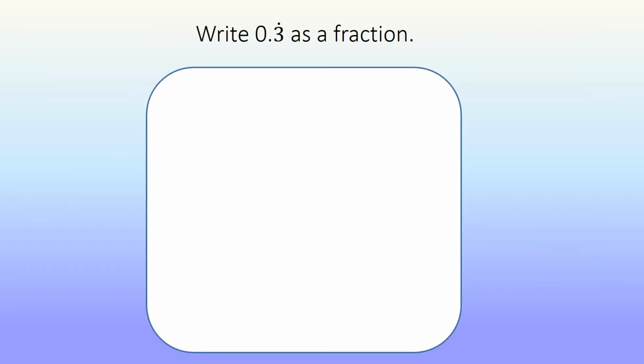So you might get asked to write a recurring decimal as a fraction, and we're going to look at a few examples of that. So if you are asked to write 0.3 recurring as a fraction, you probably know already that that is a third, but we're going to show it. So we give a letter to the recurring decimal, can be any letter, I've chosen y here, and we write it like this.